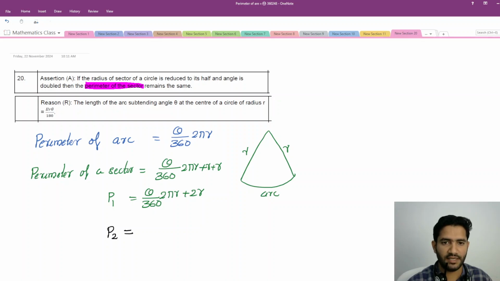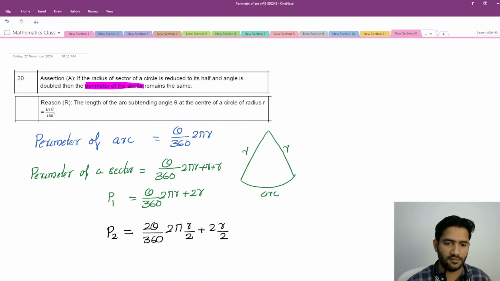They are saying the angle is doubled. So instead of theta, we write 2 theta by 360, then 2 pi, the radius is half, plus another term.